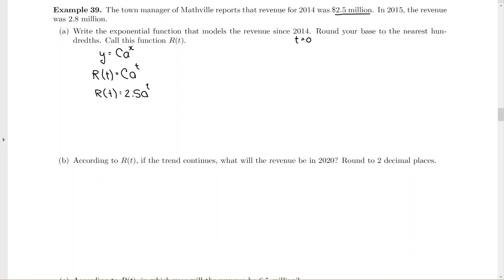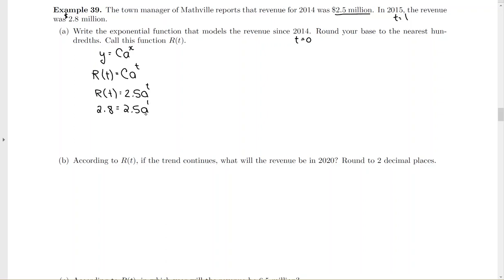So we're going to use the next point here. In 2015, that's 1 year later. So that's t equals 1. The revenue was $2.8 million. So when t equals 1, the output is 2.8.